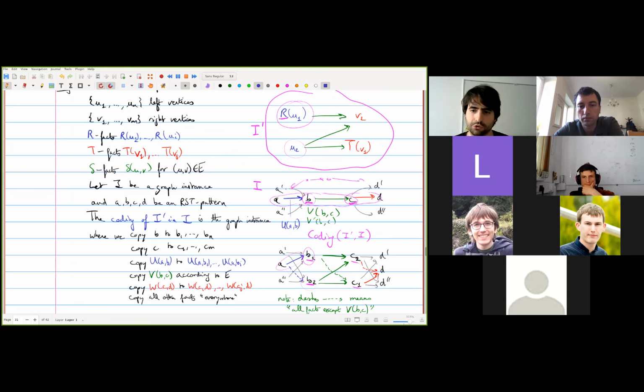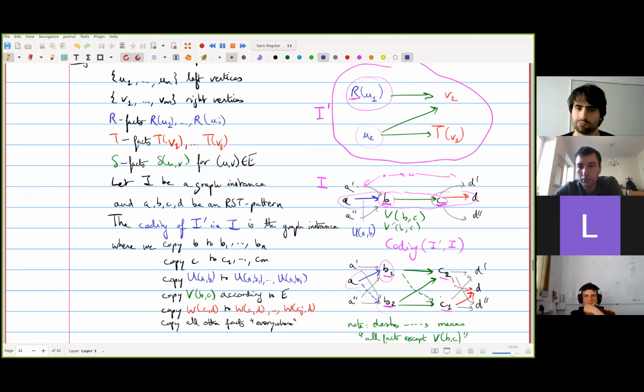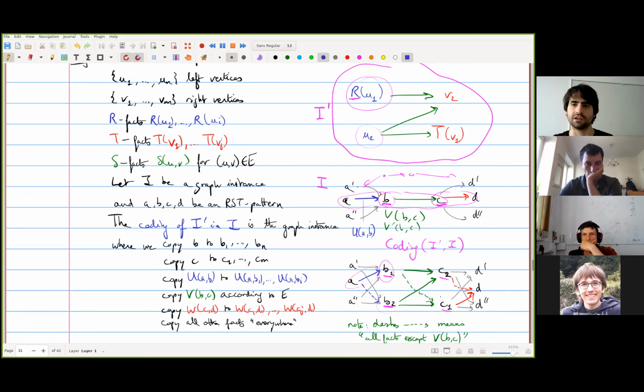So I don't know if you need to understand the process of that coding, but the idea is that when I have a graph, I can code a bipartite instance in that graph by choosing three consecutive edges in my graph, copying the middle elements, and connecting things according to the bipartite graph.